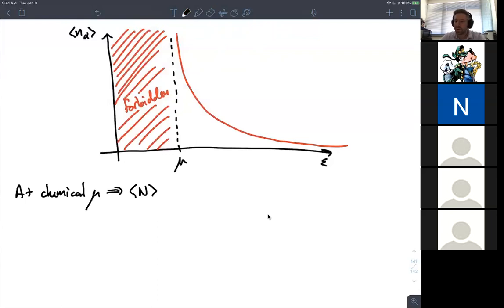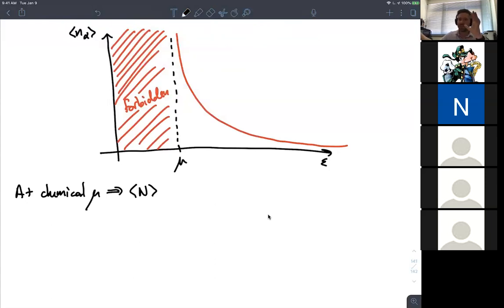Okay, now I ask, what happens if I stuff in more particles? So I got my nice steady state average number of particles in. Now I'm going to come over and I'm going to jam another particle in there. Okay, so that raises the energy of the system. It raises it by an amount μ.